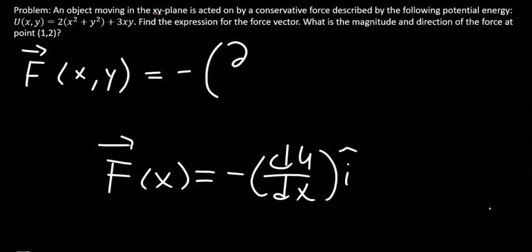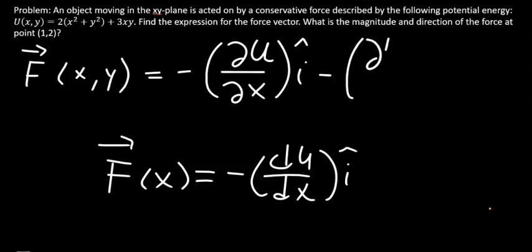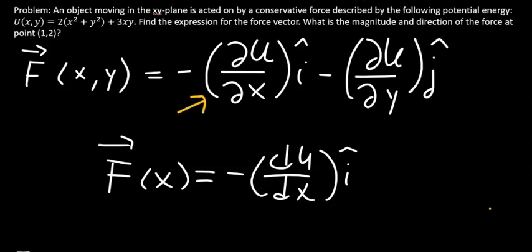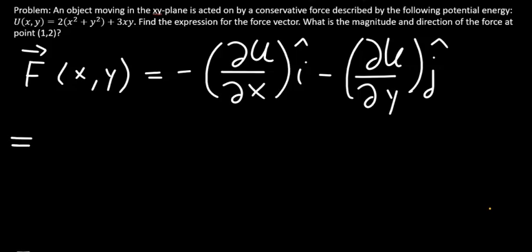So the first derivative is the partial derivative of U with respect to x, i hat, followed by the derivative with respect to y, j hat. So this form is a generalization of this form to two dimensions.